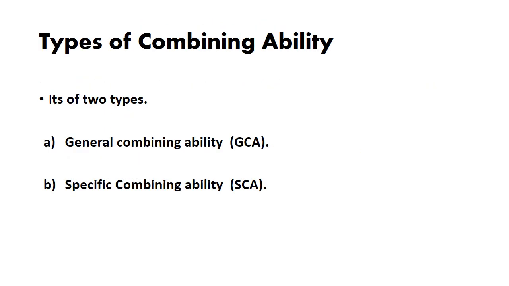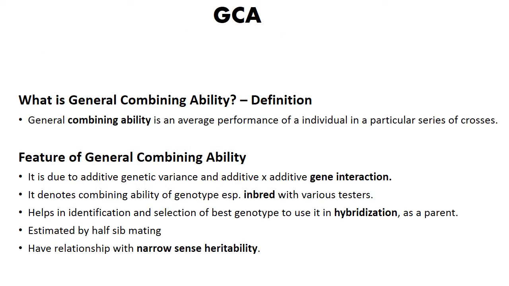Types of combining ability: general combining ability and specific combining ability. General combining ability is the average performance of an individual in a particular series of crosses. The features are: it is due to additive genetic variance and additive into additive gene interaction. That means it can also be estimated by additive into additive kind of epistatic interaction.